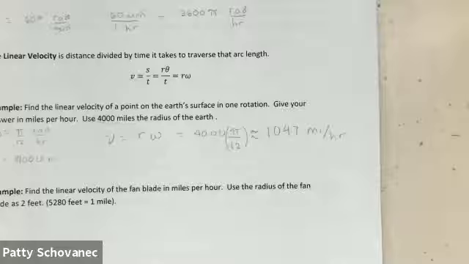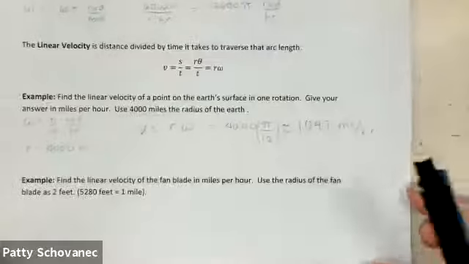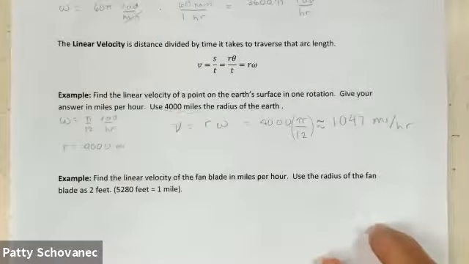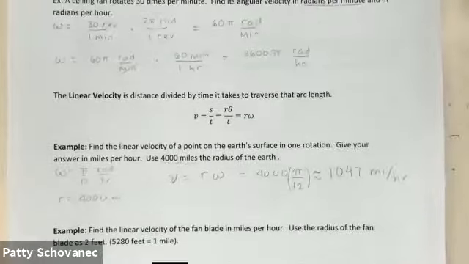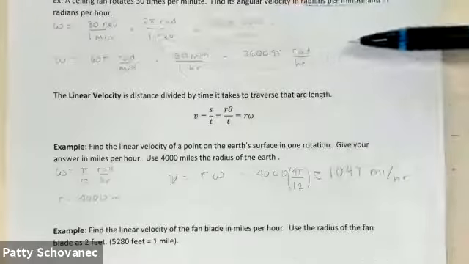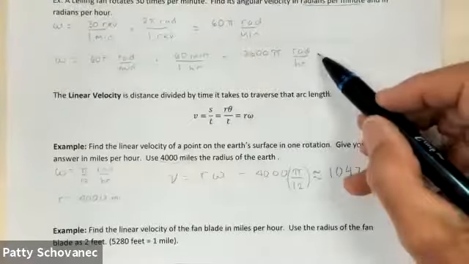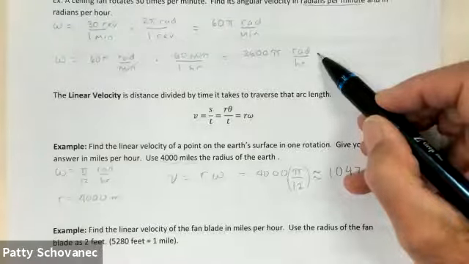Let's do the same for the ceiling fan. Find how fast a point on the tip of the ceiling fan is rotating if the ceiling fan has a blade that's 2 feet long. So find the linear velocity of the fan blade in miles per hour. In the earlier example, we found the angular velocity of the ceiling fan in radians per hour, so I'm going to use this 3,600 pi.